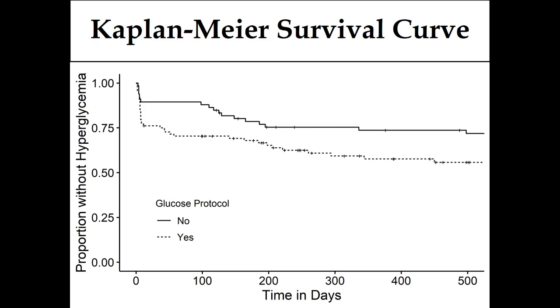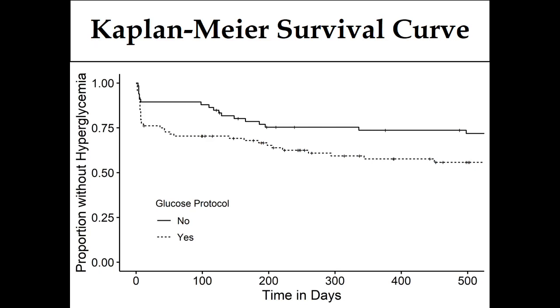And the y-axis is the proportion without hyperglycemia. In a survival curve of cancer, it could be the proportion alive at each point. At the starting point, at x equals 0, you have 100% of the patients in either group still alive, and 100% of the patients in either group do not yet have hyperglycemia, because we would have excluded them from our study.